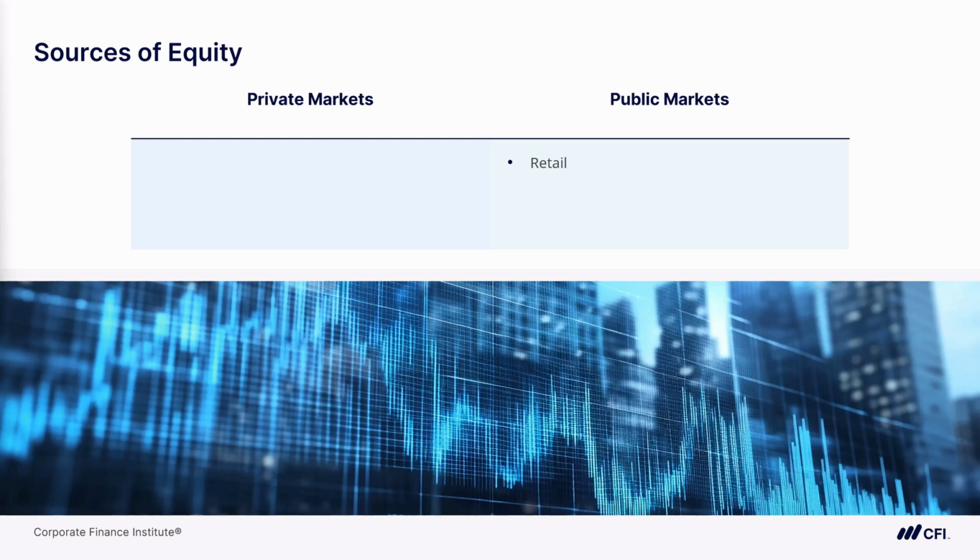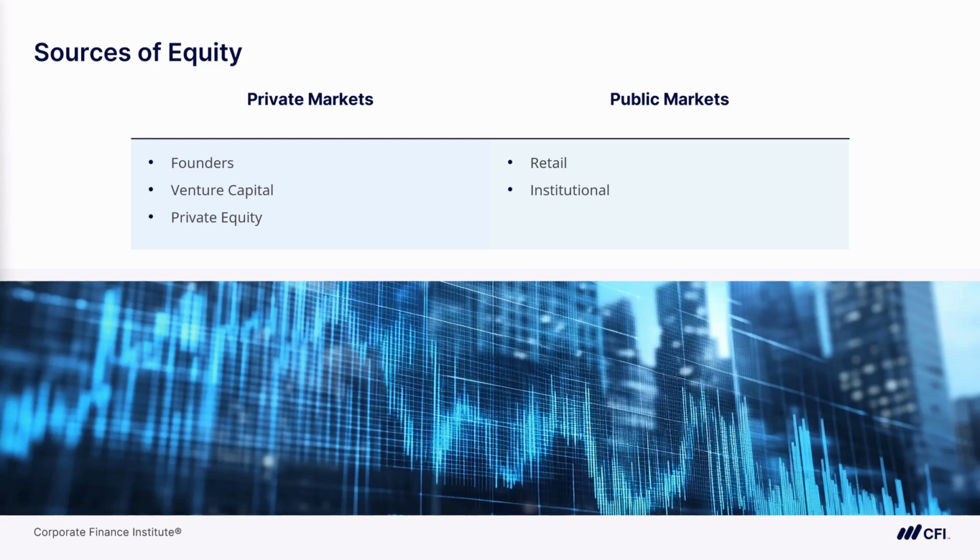We could also have institutional investors, and they would be purchasing larger blocks for the funds that they're managing. Now moving over to the private markets, that's where we could have sources of equity from original founders of companies, or we could also have funding from venture capital firms or private equity firms.